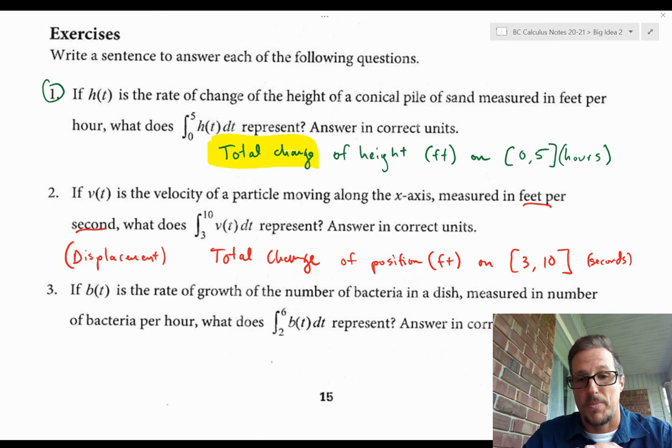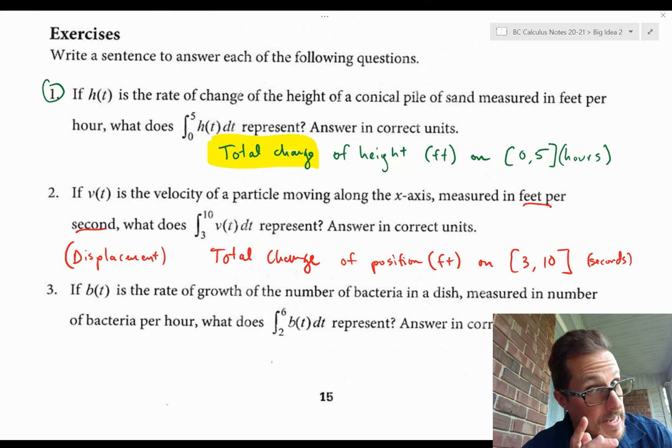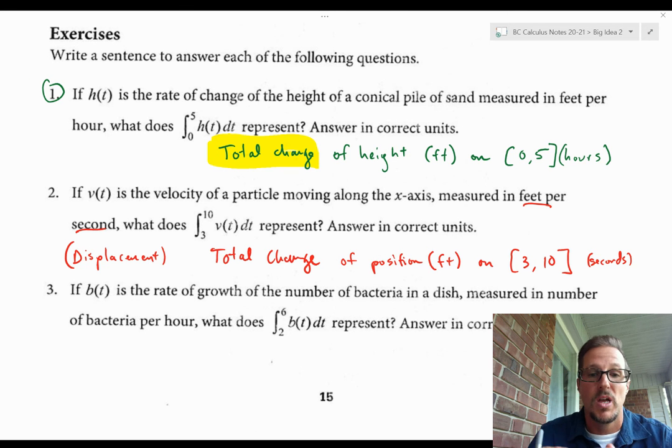So this is going to represent the total number of bacteria that have grown in the dish on the interval from 2 to 6. It's not the number of bacteria in the dish. It is the total change, the total number of bacteria that have grown on that 4-hour interval from 2 to 6.